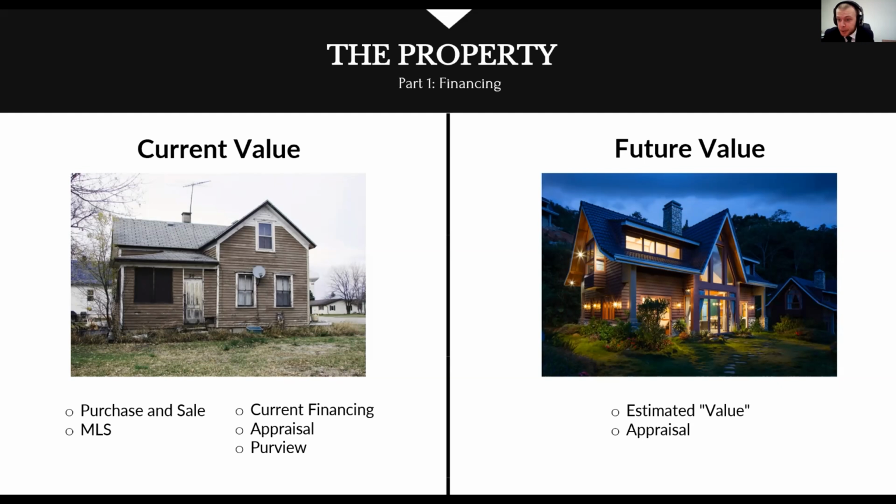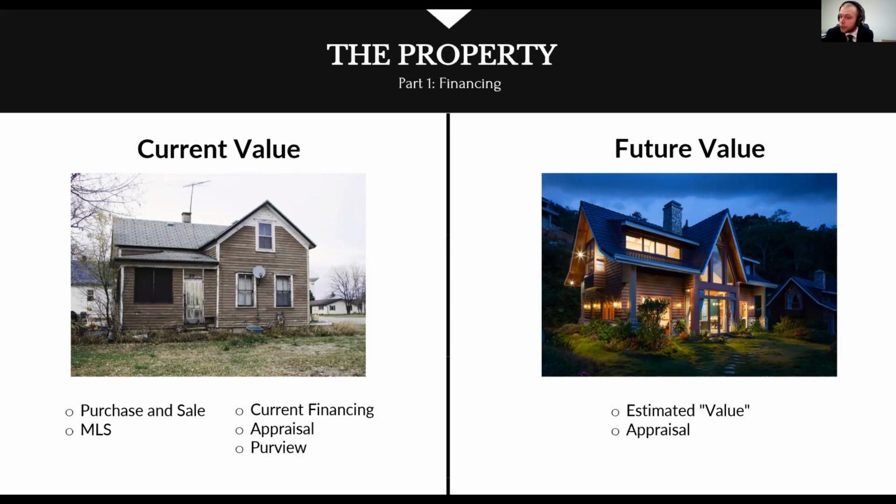So documentation that you want to gather on the property is, if it's a purchase, purchase and sale, MLS. If they already own the property and plan to do construction on it in the future, we'd like to know their current financing that they have on it, an appraisal if you have one, or a purview. Those are great documents that we'd like to see.